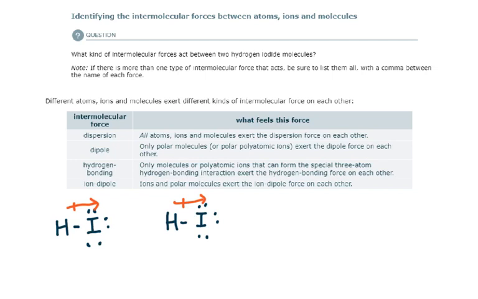Now, these intermolecular forces that we are discussing, these four listed here, are attractive forces. So we're talking about forces that attract these two hydrogen iodide molecules together and hold them together to some degree, could be very strongly or fairly weakly. There's one intermolecular force that we know is always at play between atoms, ions, and molecules.